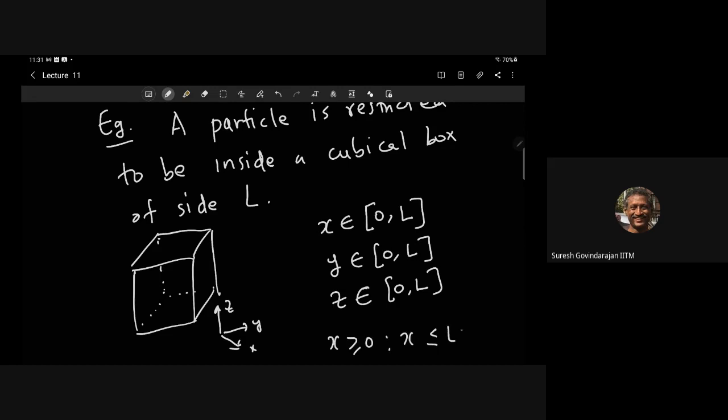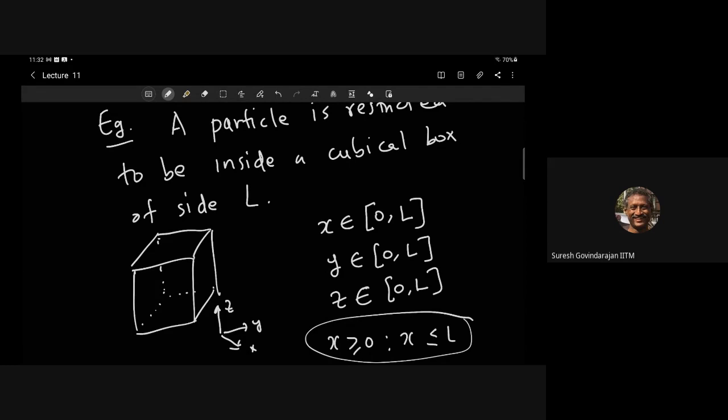These are all examples of non-holonomic constraints. Usually non-holonomic ones will not let you reduce degrees of freedom. So here the degrees of freedom of a particle in a box is how many? Somebody? 3, right? It doesn't go down. So this is just the general example.